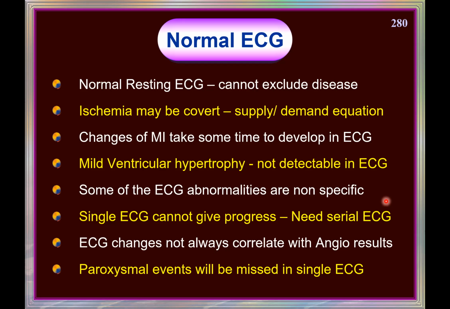It can more or less say, but not exactly pinpoint, because the coronary circulation itself is not the same in all individuals. There is LCX dominance, there is RCA dominance, there is collateral circulation in some, no collateral circulation in others, some are age dependent, and whatever we are looking at in the ECG is only an electrical change, whereas the actual plumbing problem, the tube's obstruction problem, is a dynamic thing.